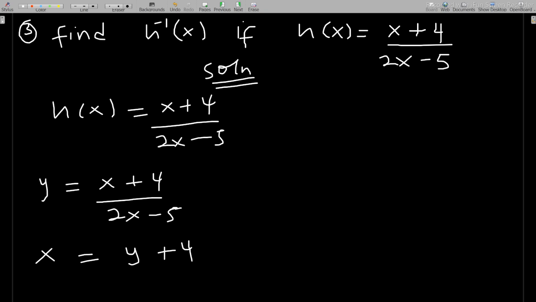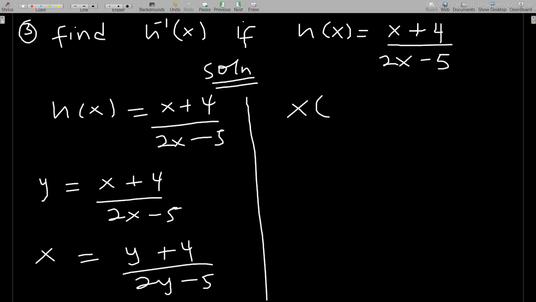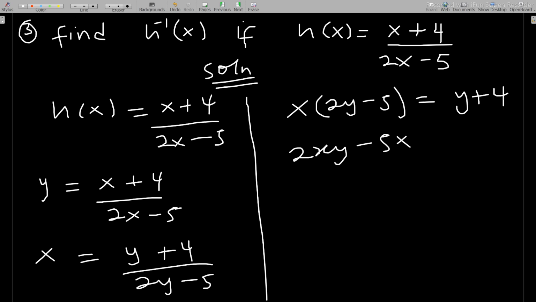So x is equal to y plus 4 over 2y minus 5. Now make y the subject. I have to multiply this side by 2y minus 5, and this should be equal to y plus 4. So I have 2xy minus 5x equals y plus 4.